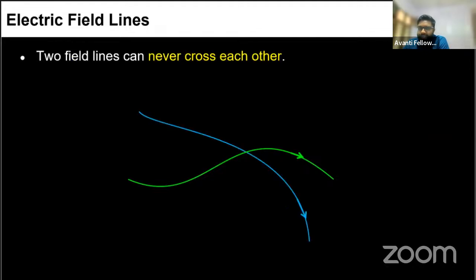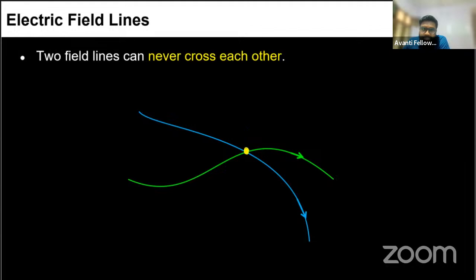Suppose there are two field lines. If both cross each other, then at the point of junction, we know that an electric field line is that curve on which, if we draw the tangent, we get the direction of force.